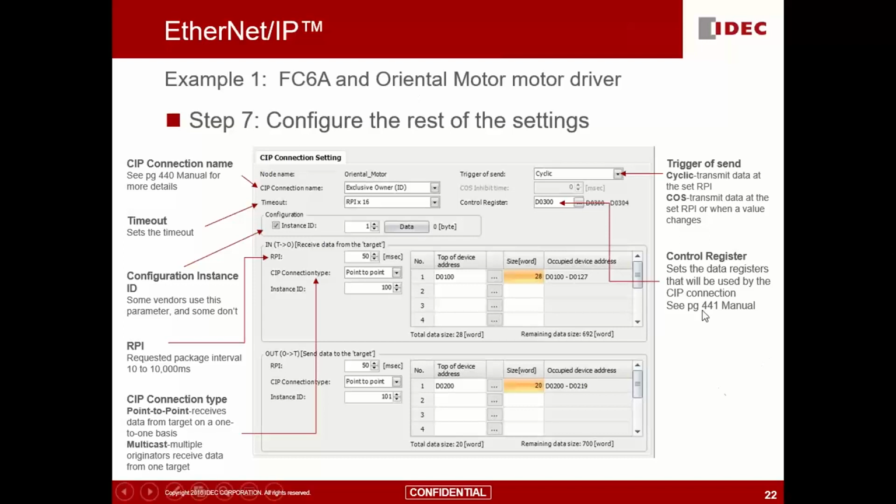The control register occupies 5 registers, but actually only 1 bit is being used. The rest are reserved. Top of device address is the user-defined data registers in the FC6A. And that's it, you're done. That's the procedure to configure the FC6A to talk to an adapter device.